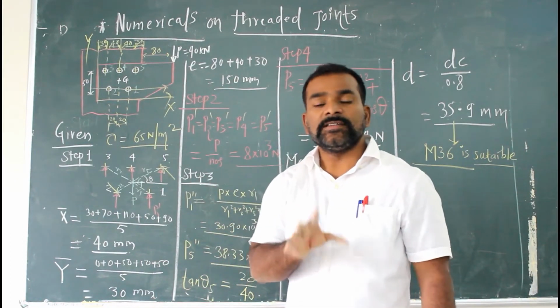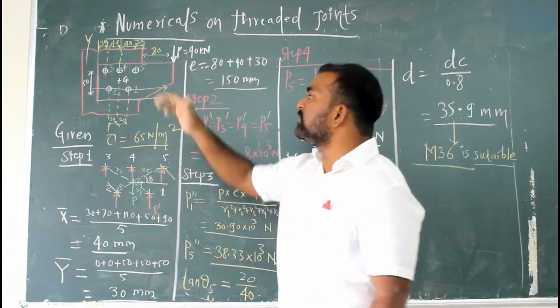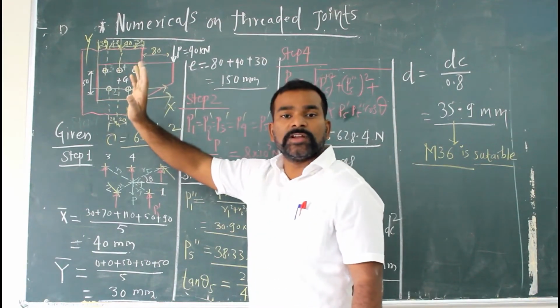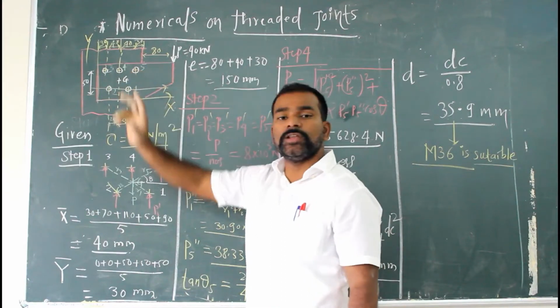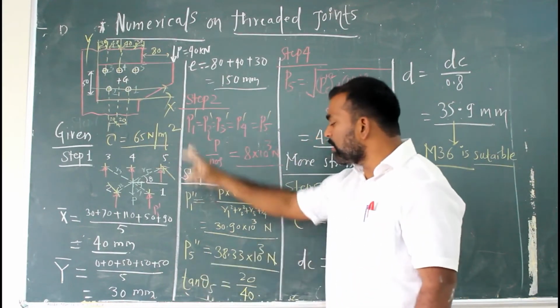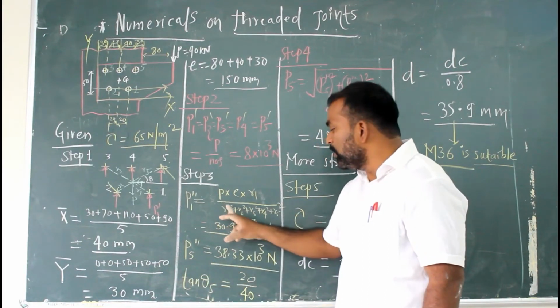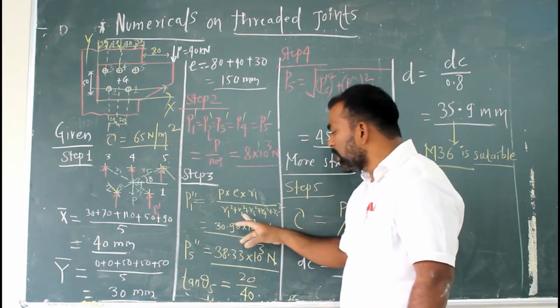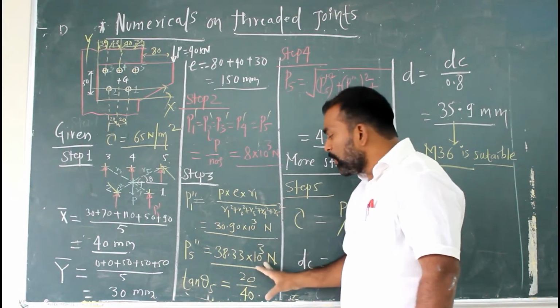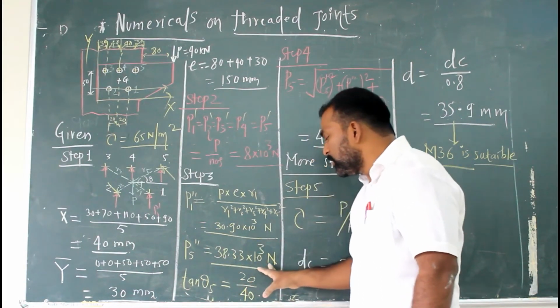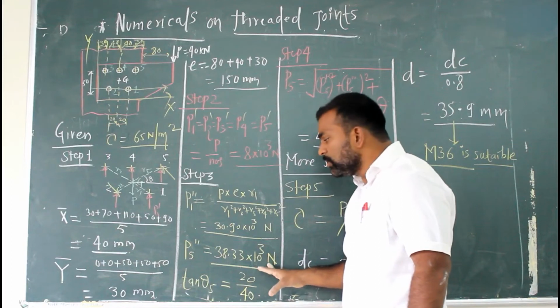Only by that design will you get the answer correctly. That design suggests what diameter of bolt you can use. So for that purpose I have taken P5. The 5th bolt secondary force is equal to, again, P into E into R5 divided by R1 square up to R5 square. By that I will get 38 point something, times 10 raised to 3 Newton, this much load.